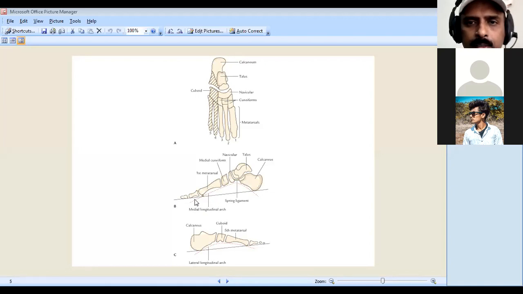So seven tarsal bones and five metatarsal bones are present, and they take part in the formation of the arches. So this is the medial longitudinal arch and this is the lateral longitudinal arch. We have the anterior transverse and posterior transverse arch. That is about the arches of foot that you have to know.